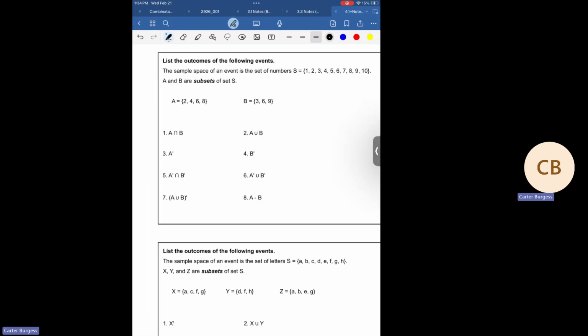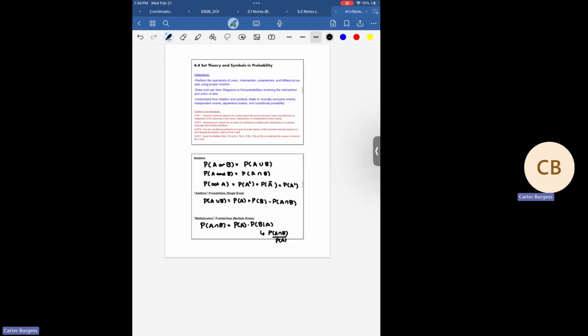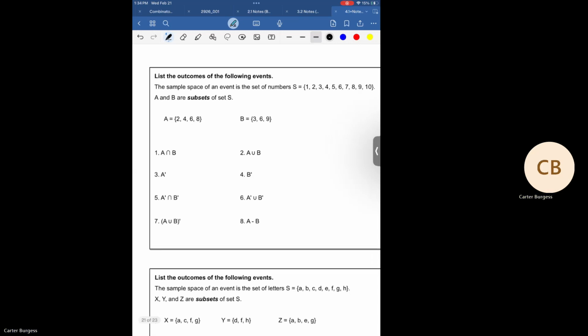Cool. All right. So in this case, we are trying to figure out the sets or the outcomes that satisfy the conditions that we are trying to get. Notice here what we are not looking for. We are not looking for a probability. We want all of the outcomes that fit this particular bill.